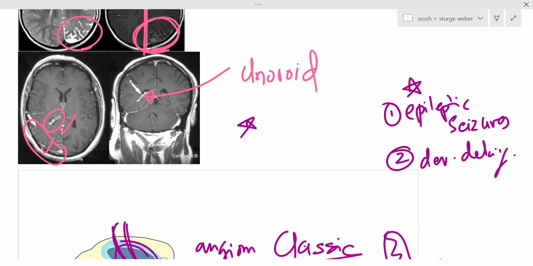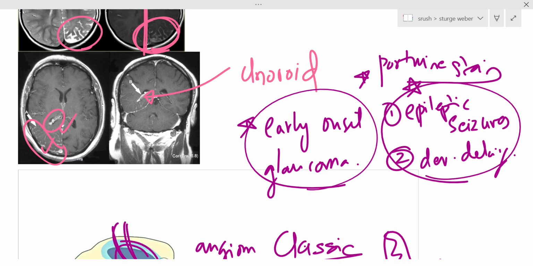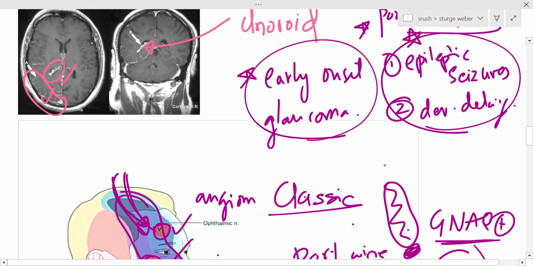Then there can be early onset glaucoma, right? And of course, the most obvious one, which is the port wine stain. So this is all you need to know about Sturge-Weber syndrome for the boards.